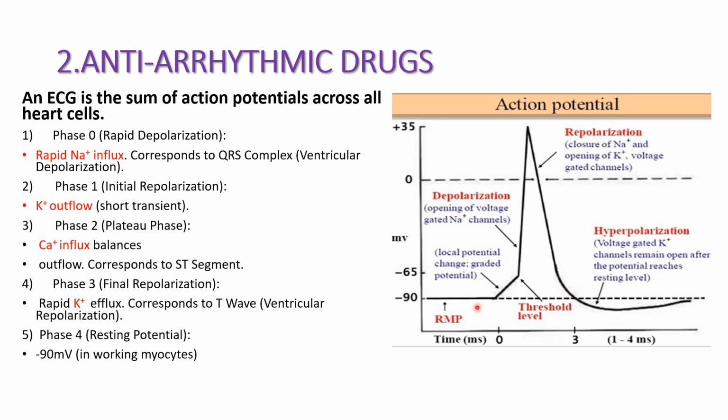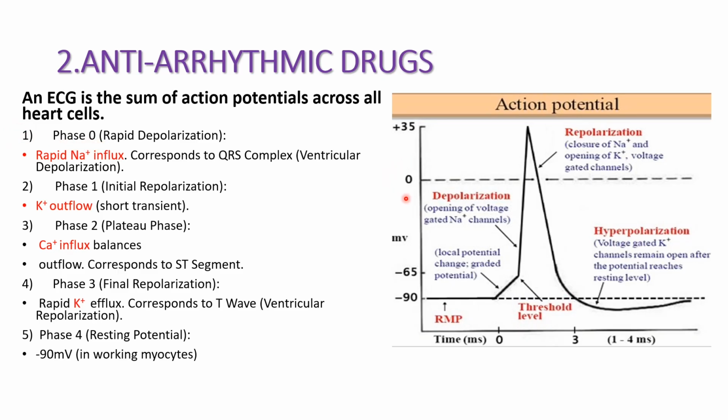Remember phase 0, which is given importance. Phase 0 is called the rapid depolarization state. Remember this point specifically: though this is the first stage, it is given the name 0.